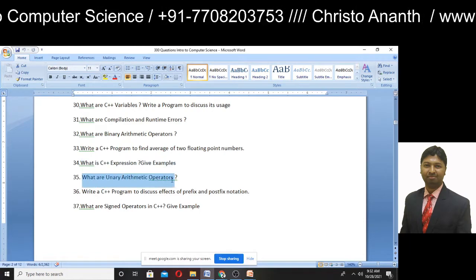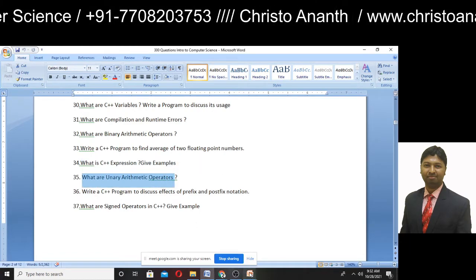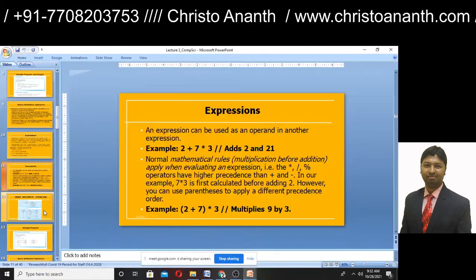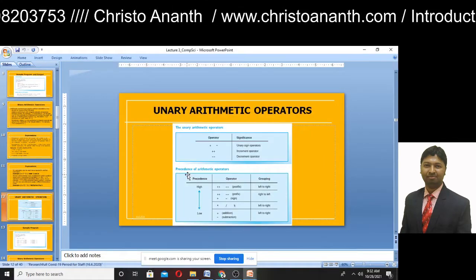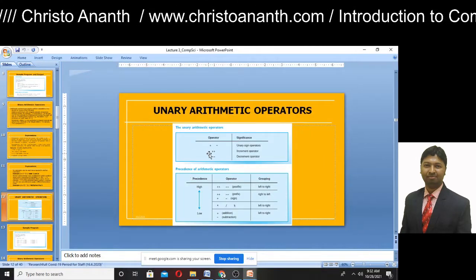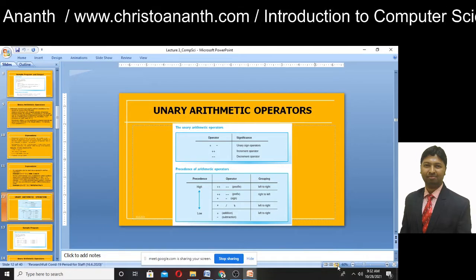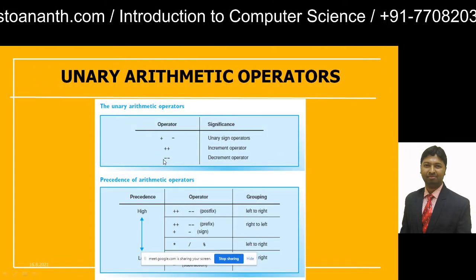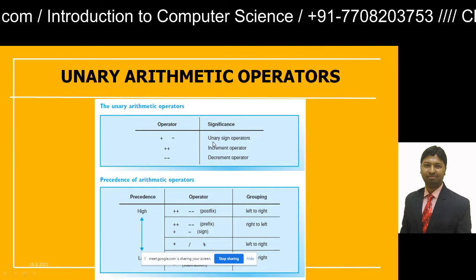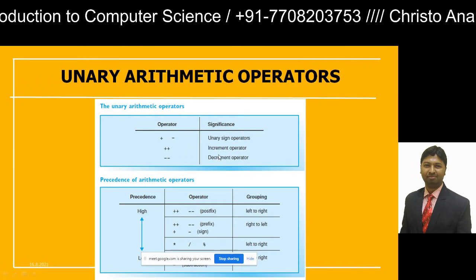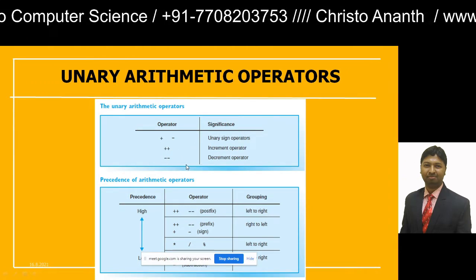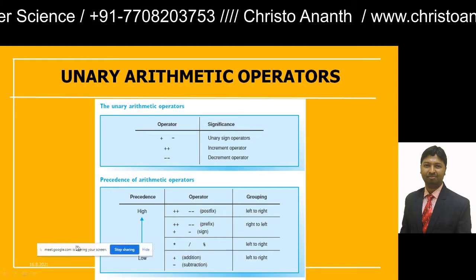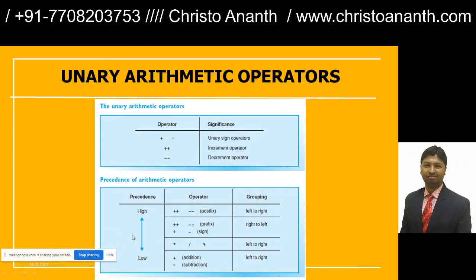What are unary arithmetic operators? You can give examples like plus, minus, plus plus, minus minus. Plus and minus are unary operators. Plus plus is the increment operator, and minus minus is the decrement operator. You can also give the precedence of arithmetic operators.